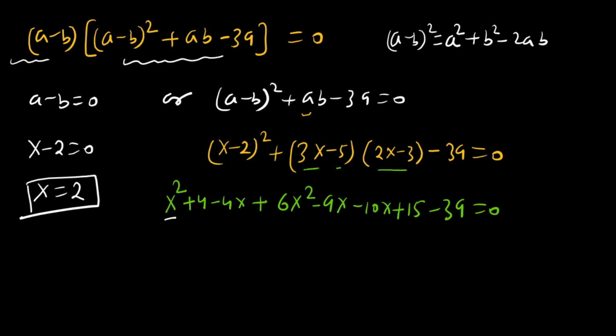Here x square plus 6x square is 7x square, minus 4x minus 9x minus 10x, that is minus 23x, plus 4 plus 15, that is plus 19, and minus 39, that is minus 20, and this is equal to 0. This is a quadratic equation in terms of x. Here 7x square minus 23x minus 20 is equal to 0.